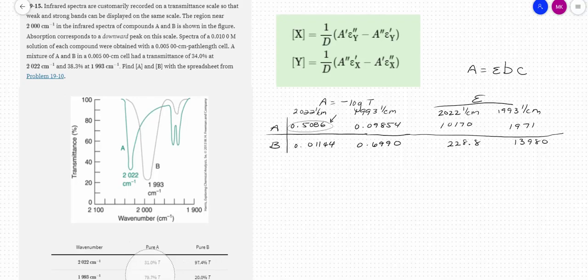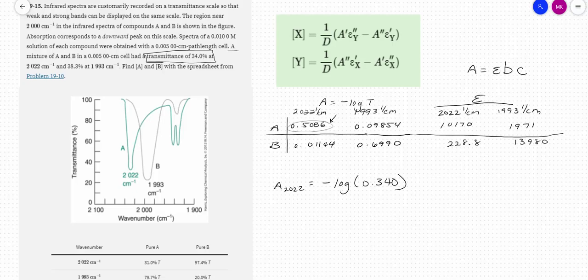Now we can work with the mixture. So for the mixture, the absorbance at 2022 is the negative log of the transmittance. The transmittance is 0.340. So how do you get that? Well, I'm told that the mixture had a transmittance of 34%. So 34% is 0.34 as a decimal.